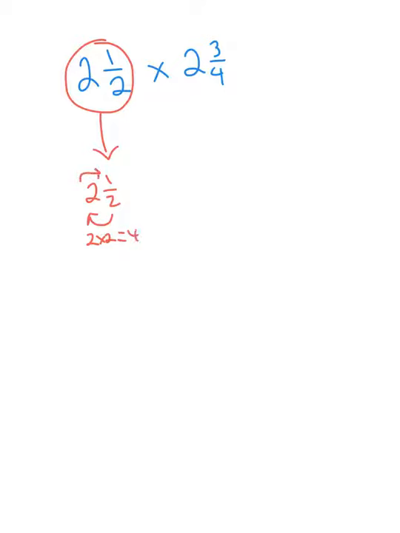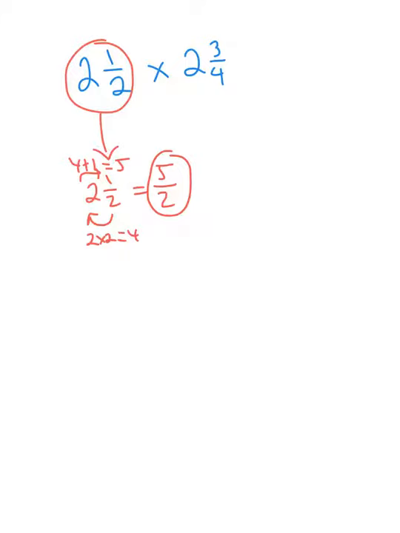On the top, I'm going to take that 4 and add it to this numerator, which is 1. That equals 5. So 5 is on the top of my new fraction, and I'm going to keep this 2 right where it is. So then I go 2. So this fraction is equal to that.